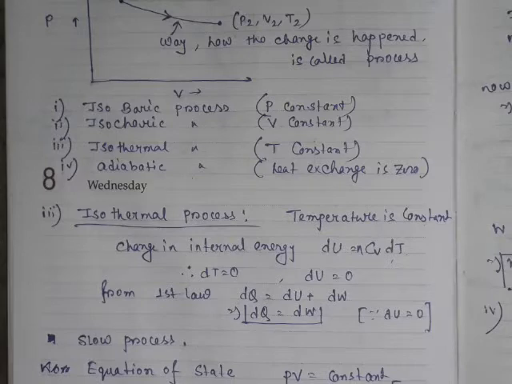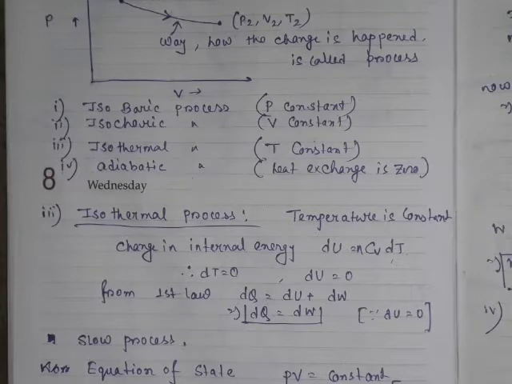So when the system works on the surroundings, it has to get some amount of heat to keep its temperature constant. That means you have to give the system sufficient time so that it can remain at a constant internal energy state. You have to give the system proper time so that it can get the proper amount of energy from the surroundings, or release the proper amount of energy to the surroundings, so that its internal energy doesn't change.